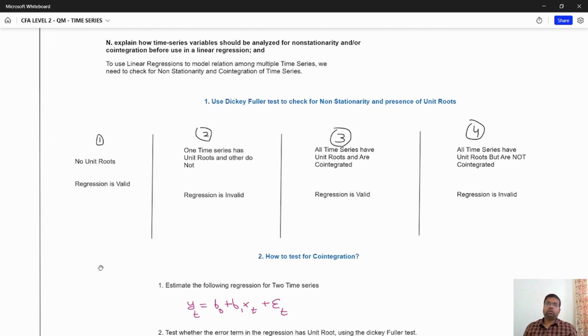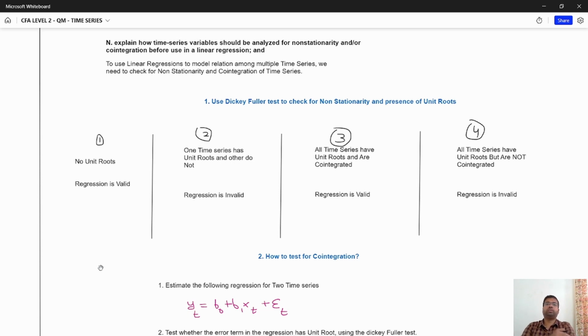Up till now, we have used regression analysis to predict the values of one time series where the independent variables were constants or lagged values of the same time series. Now, what if the independent variables are different time series?